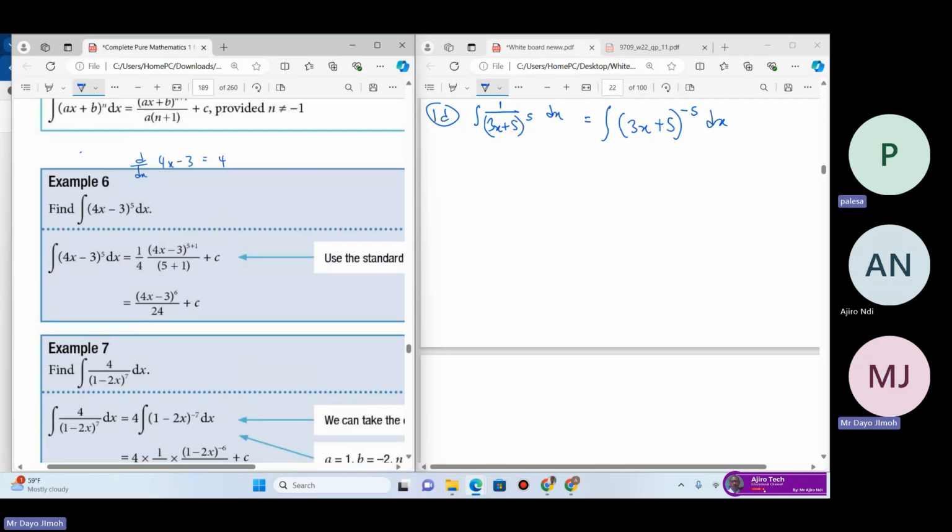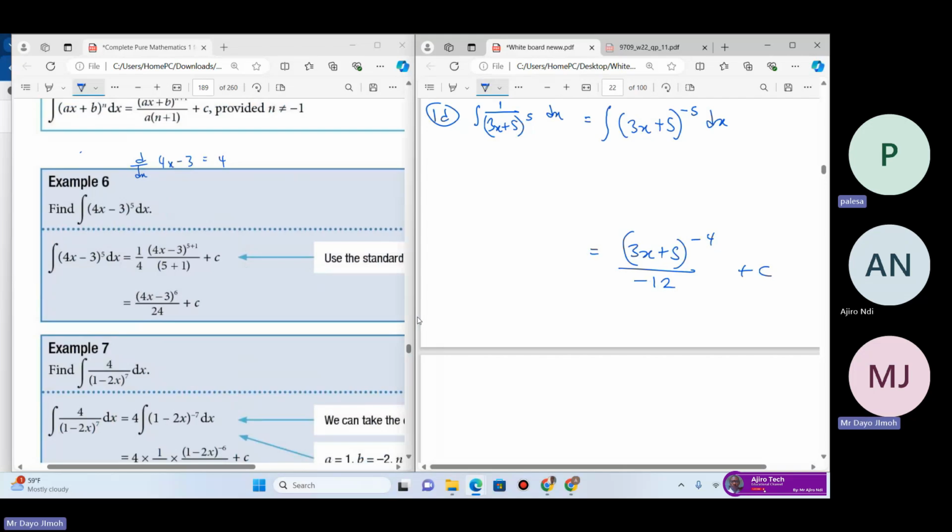(3x plus 5) to the power negative 4 over negative 12 plus c. Okay, that's good. So you got (3x plus 5) to the power negative 4 over negative 12 plus C, right?